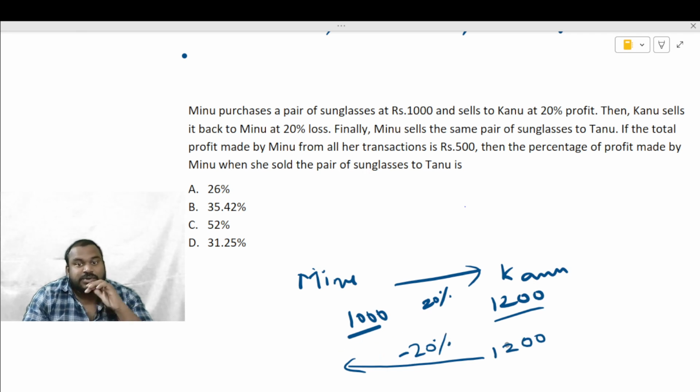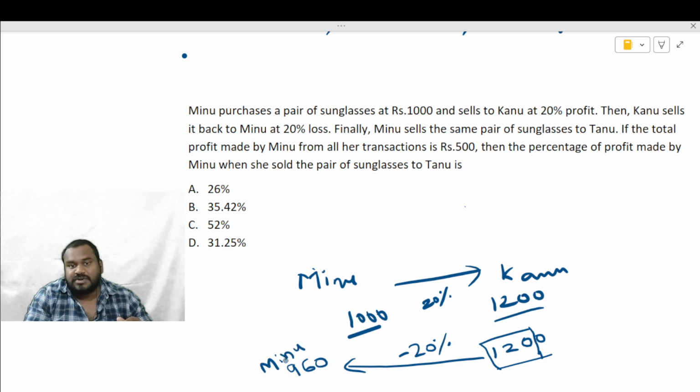We need to calculate 20% on 1200, because Kanu is selling it at 20% loss. So 10% is 120, 20% is 240. Subtract 240 from 1200, then it will be 960. So Minu again purchased the same goggles, which were 1000 earlier, for 960 itself.